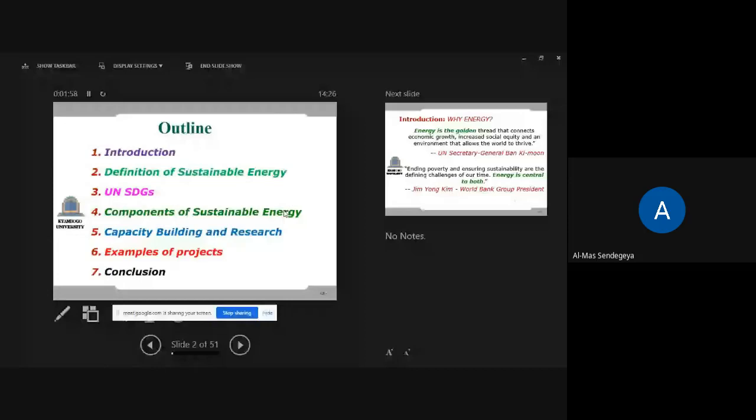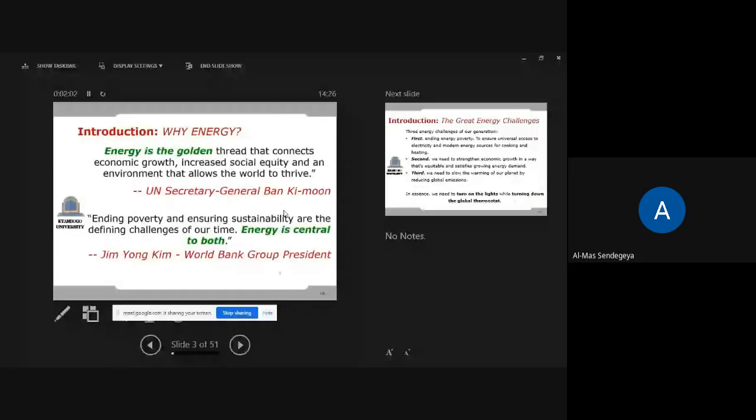I start this by quoting two important gentlemen in the world, how they looked at energy. For example, the former UN Secretary General, Ban Ki-moon. He looked at energy as a golden thread that connects economic growth, social equity, and environmental issues.